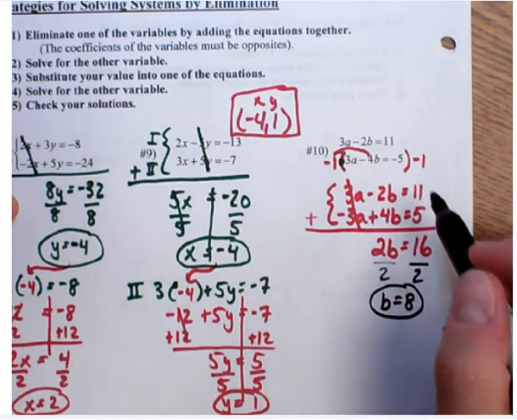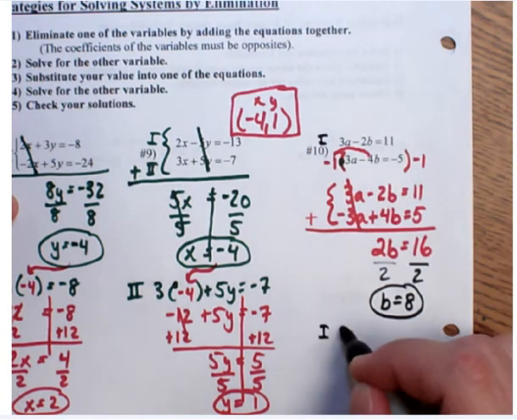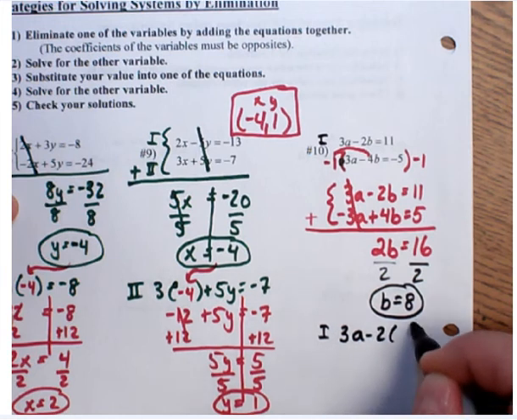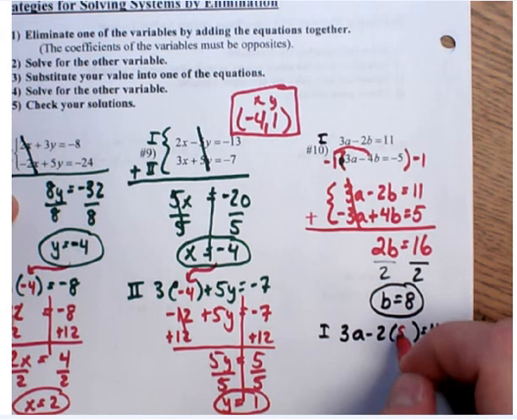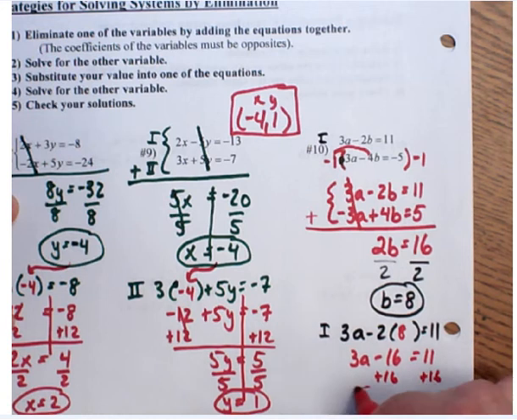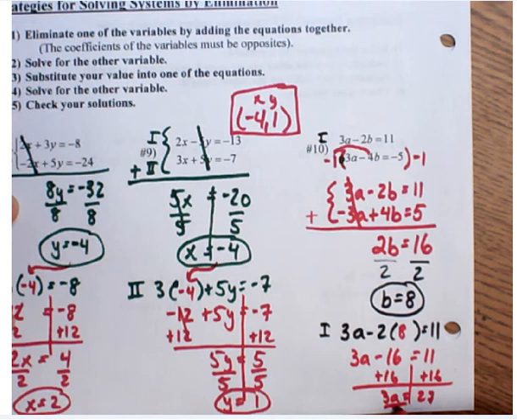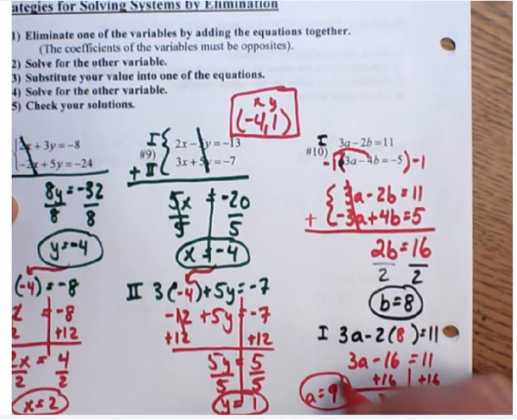I'm going to take the first equation, which was 3a minus 2b equals 11. The b value was 8, so we get 3a minus 16 equals 11. We'll go plus 16. So 3a equals 27. We'll divide by 3, and a equals 9.